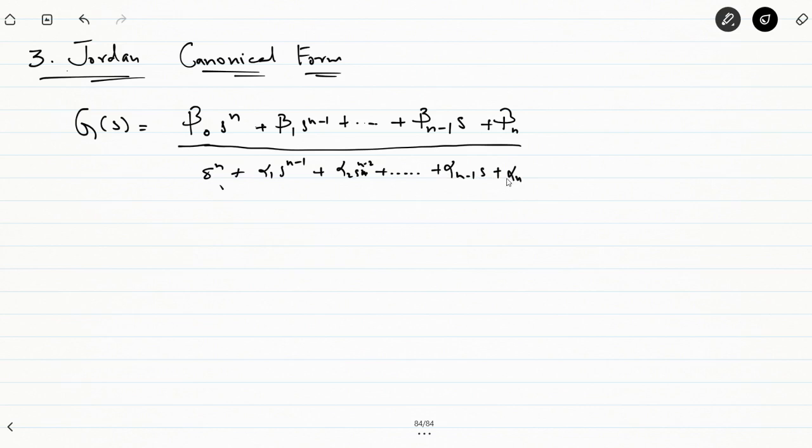So this is our general nth order transfer function. We know this is equal to Y(s) divided by U(s).